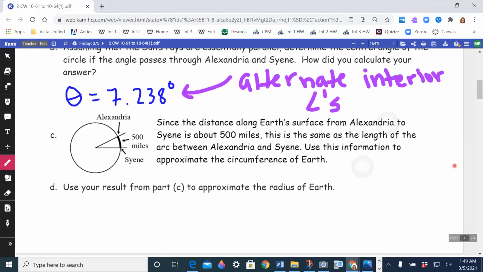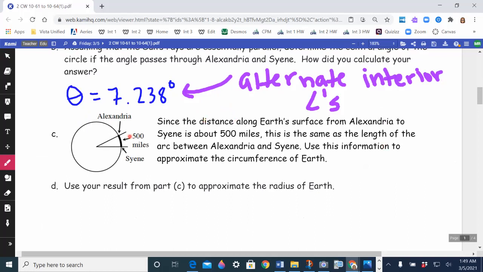Now, the next part is saying that we know that this right here is 500 miles. Since the distance along the Earth's surface from Alexandria to Syene is about 500 miles, this is the same as the length of the arc between Alexandria and Syene. Use this information to approximate the circumference of the Earth.